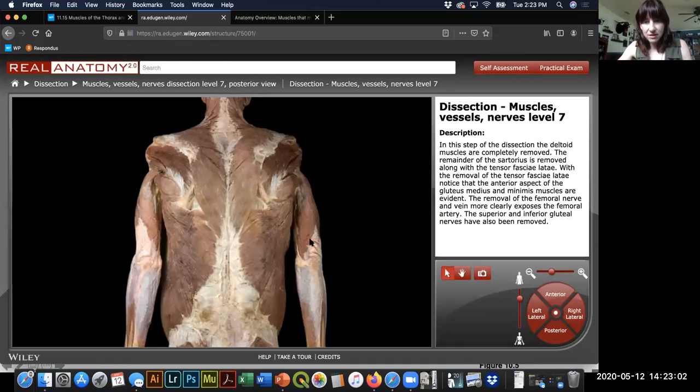We can see it clearly here. So it has three points of origin, again, up in the shoulder joint, and the tendon at the end of your triceps brachii wraps around your elbow joint, around the trochlear notch of the ulna, right?